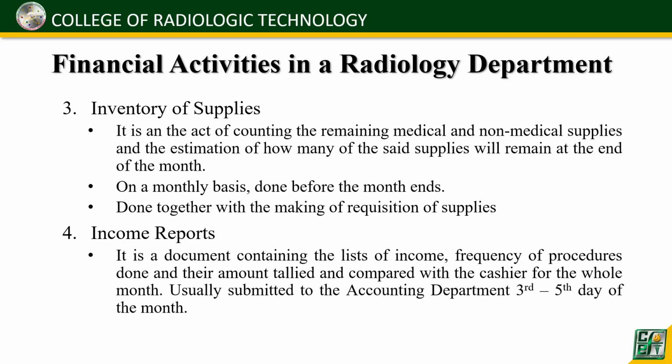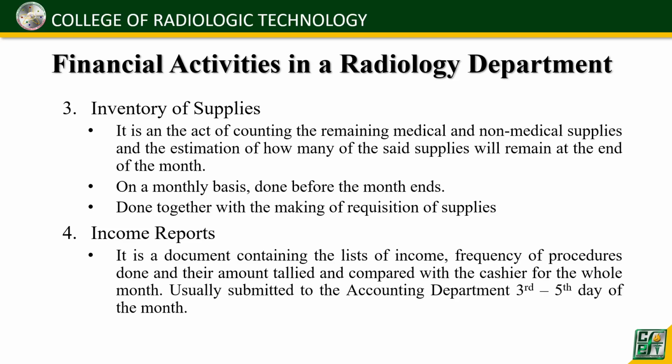So it is done on a monthly basis. So it is usually submitted to the accounting department on the 3rd and 5th day of the month of the succeeding month. Okay.